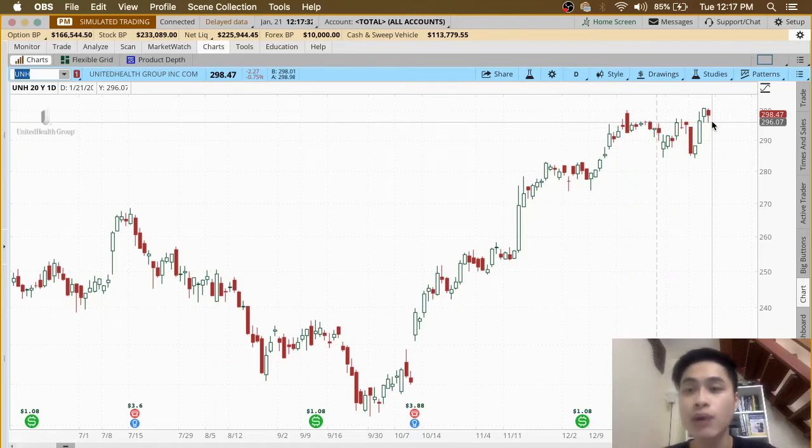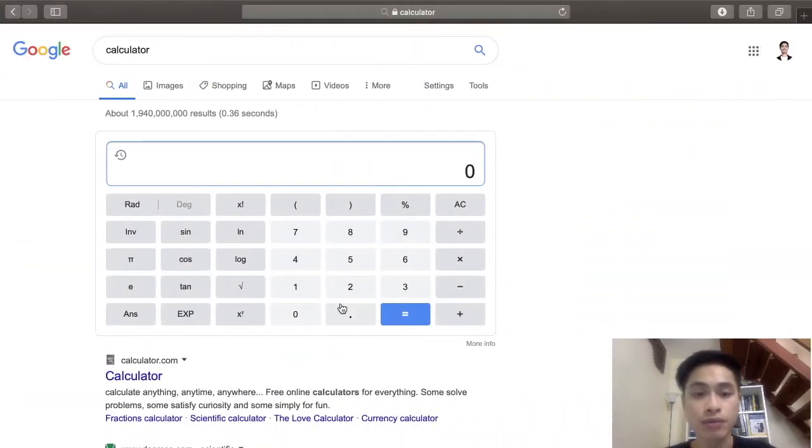Then the next thing we want to determine in setting up our percentage stop loss is how much we are willing to lose for that particular stock. In this case, let's say we are willing to lose up to 2% of the value of that stock. So 2% of 296.07, let's take a look, it will be $5.92.